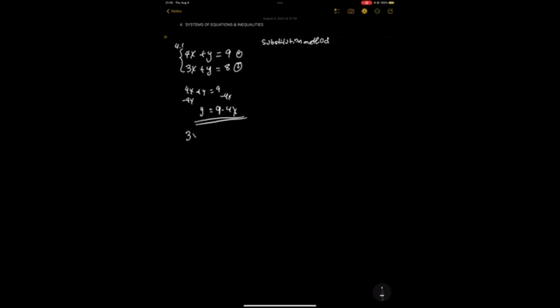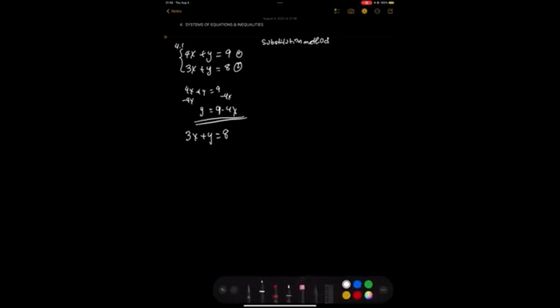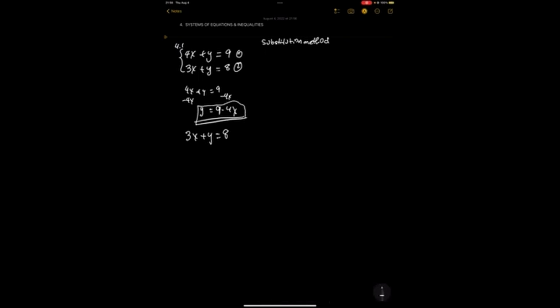When I have 3x plus y equals 8, instead of writing y, I'm going to write whatever I found for y in the first equation. Since y equals 9 minus 4x, I'm going to write that as 3x plus 9 minus 4x equals 8.